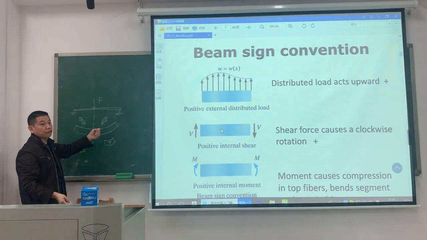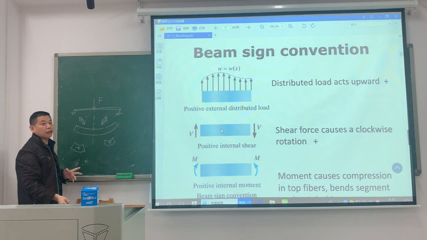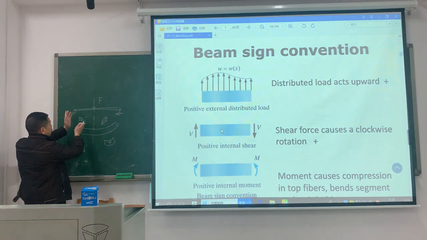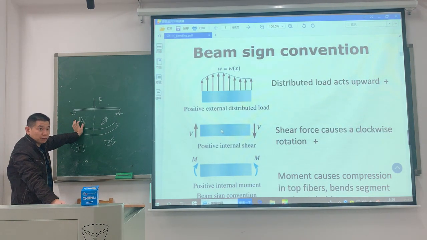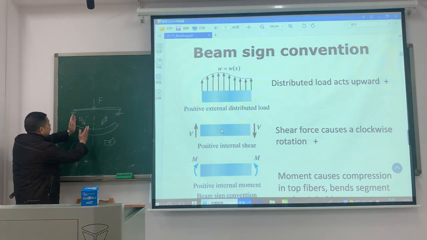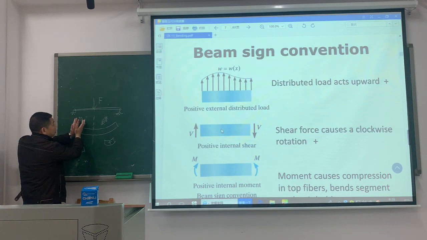It's negative. Understand? For a small segment of a beam, they do a cross section.